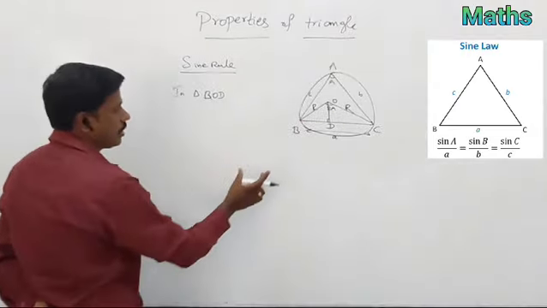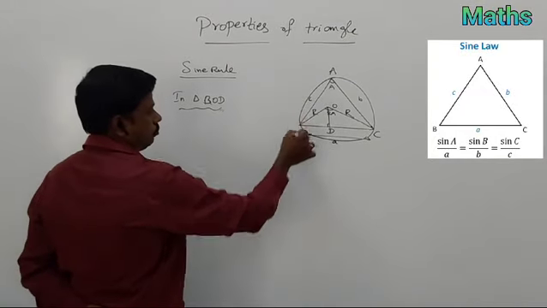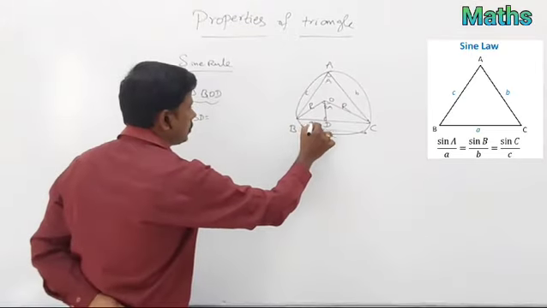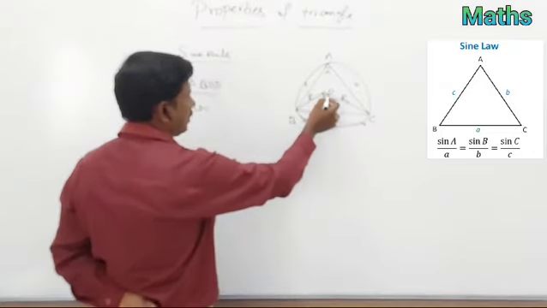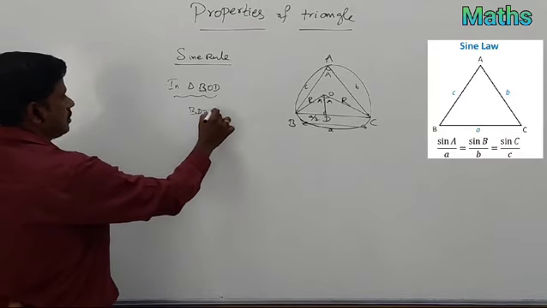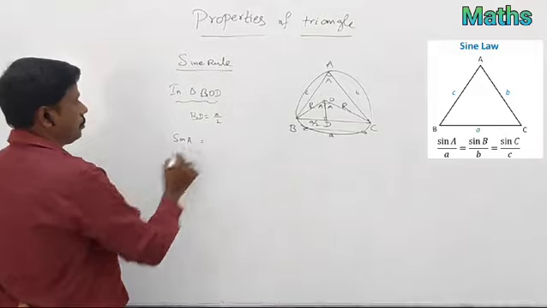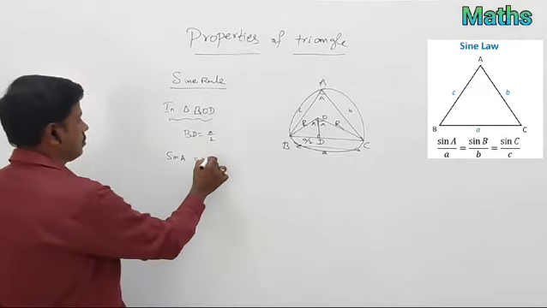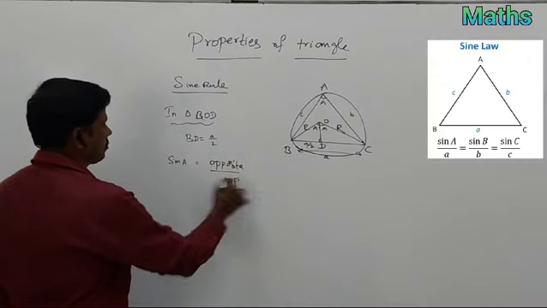So now you observe here, what is the length of BD in triangle OBD? BD equals a by 2. Similarly, the angle at the center is 2A, the angle here represents A. Let us take now sine of A. You know the trigonometric rule, sine of A is the opposite side by the hypotenuse.